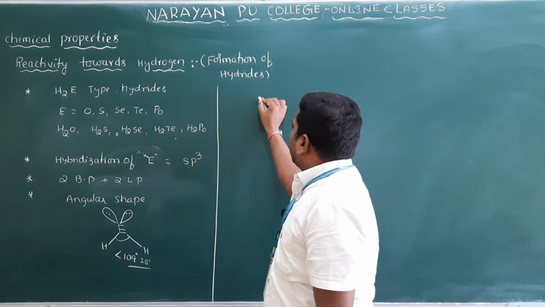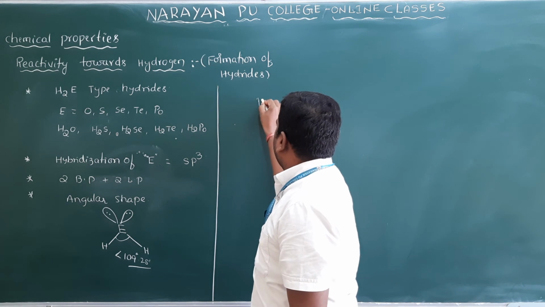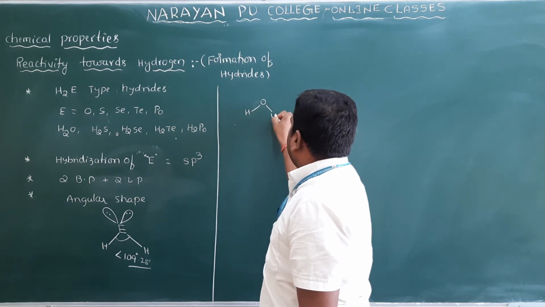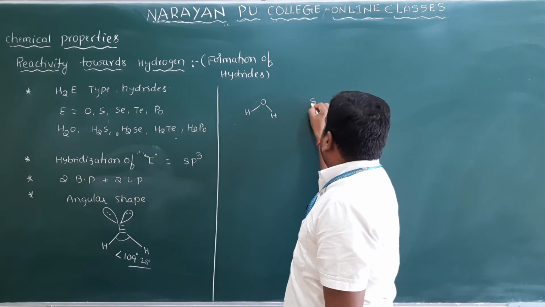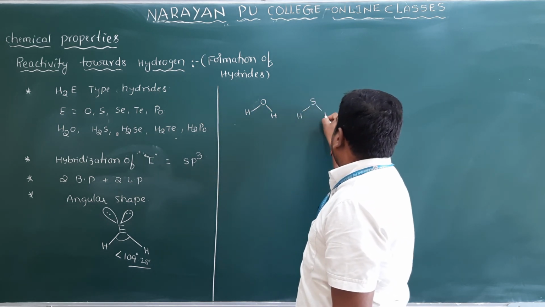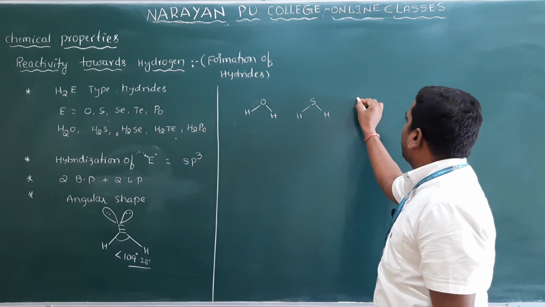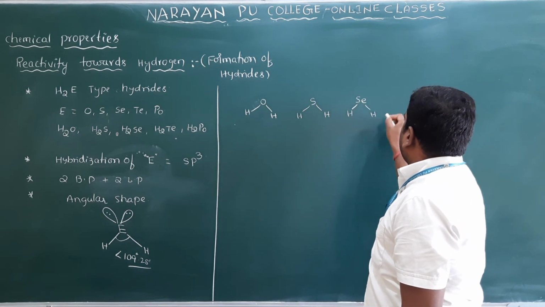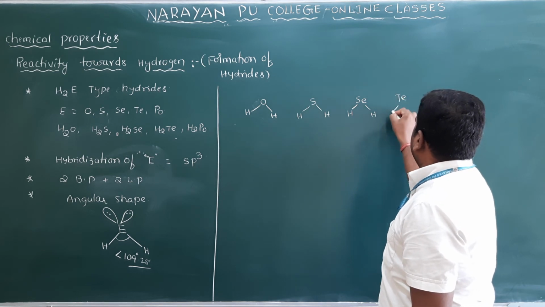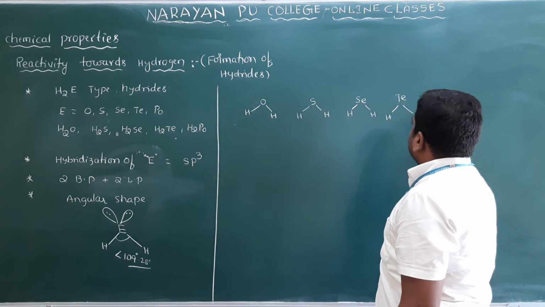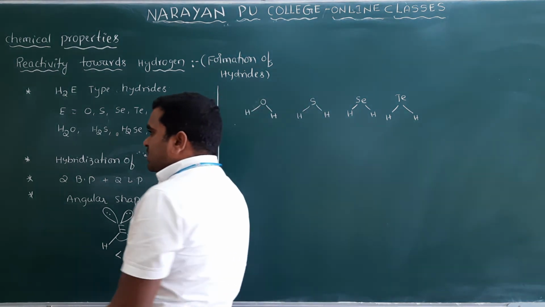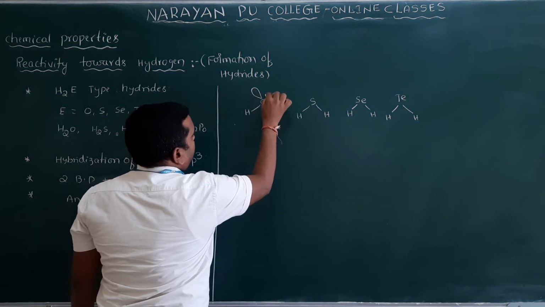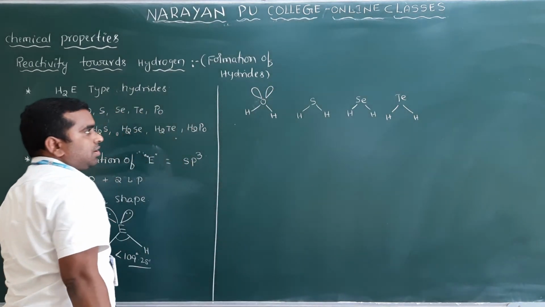Now I will write the molecules. H2O with hydrogen and hydrogen; next H2S, sulfur with hydrogen; then selenium with hydrogen and hydrogen; last, tellurium. In these compounds there are lone pairs.